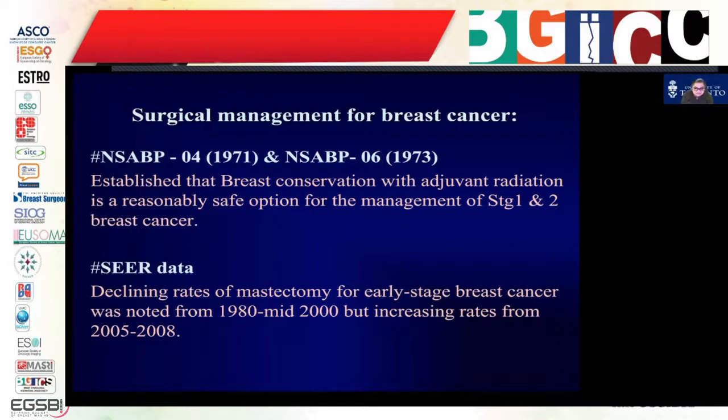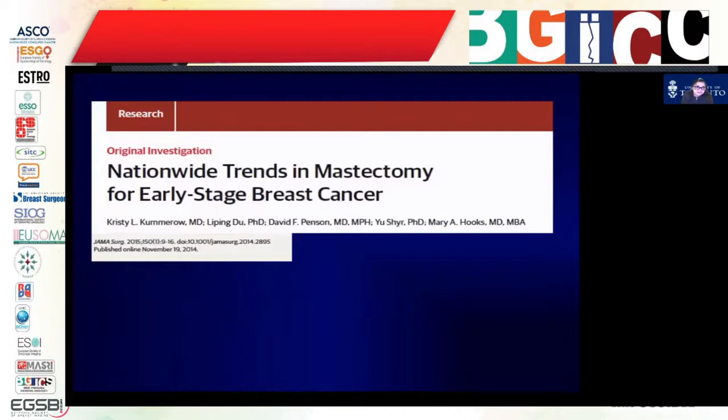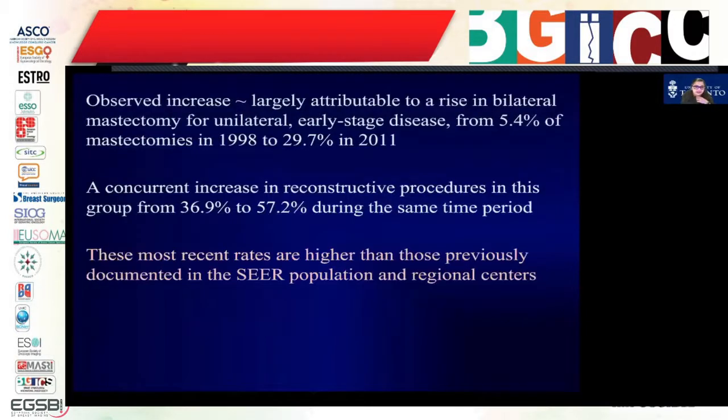But after that, from approximately 2005 to 2008 and so on, there was a gradual increase again in the rates of mastectomy for early stage cancer. And there are multiple publications. Here's one from 2015 from JAMA, which again showed that in the US, there was an increase in trends for mastectomy for early stage breast cancer.